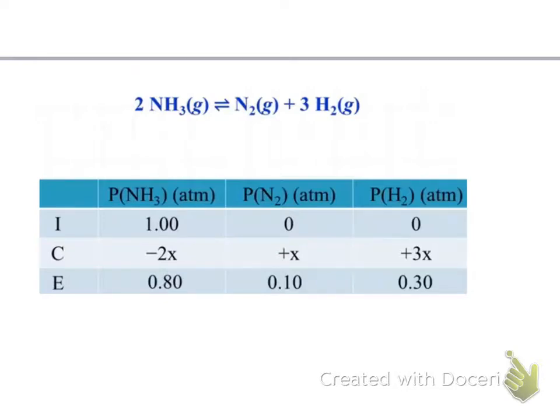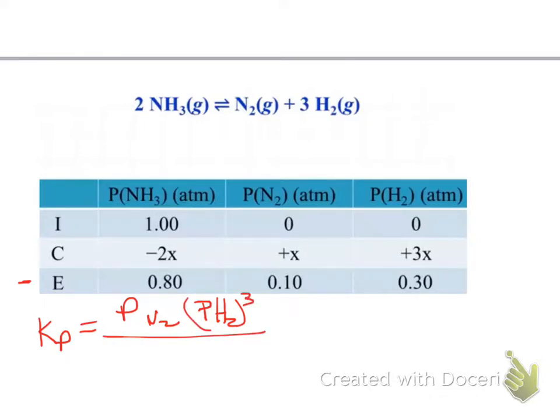Okay, now that I have my equilibrium concentrations of my reactants and products, I can write my equilibrium expression. So the Kp is going to equal the pressure of my products, N2, and the pressure of H2, and I have to raise that to its coefficient, which is 3, over my pressure of NH3, and that is going to be squared because of the coefficient.